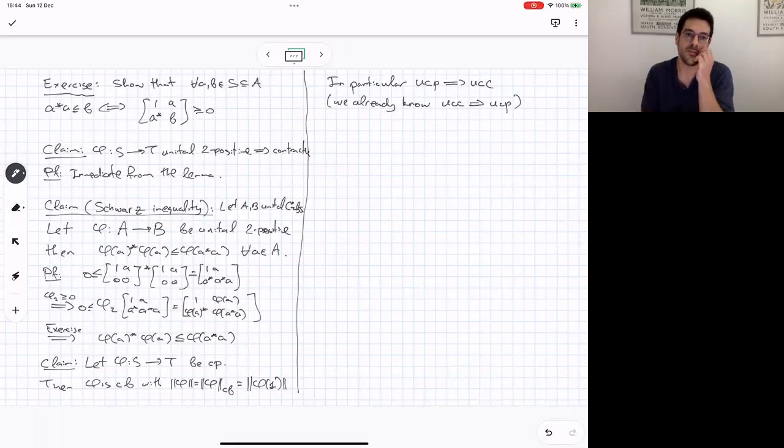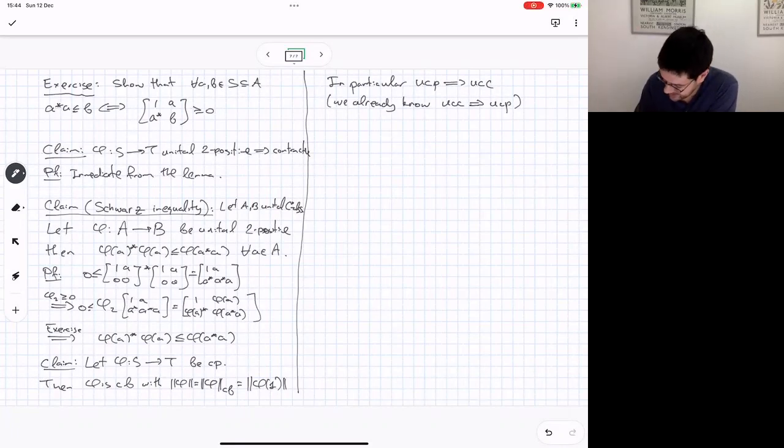Being UCP is equivalent to being UCC, but in some sense it is stronger. So if you want to use the strong property, usually you assume that your map is UCP. If you want to prove that the map is UCP, usually it's easier to prove that it is UCC. But never mind, they are equivalent.